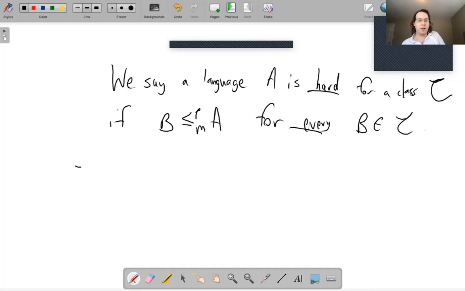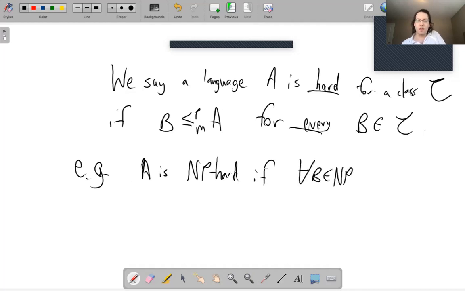So for example, A is NP hard if, and this is an if and only if, it's a definition, for all B in NP, there's a polynomial time mapping reduction from B to A. So that makes A harder than or equal to every single language in NP. That's the definition of being NP hard.